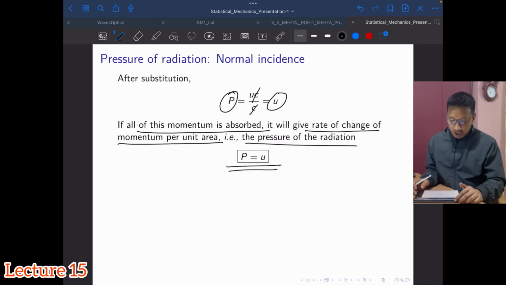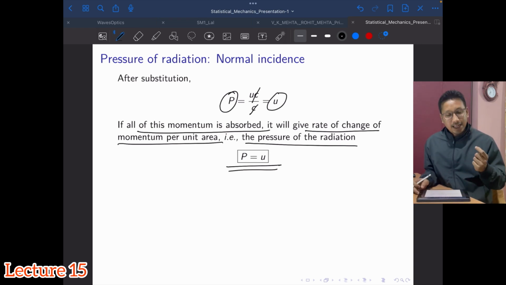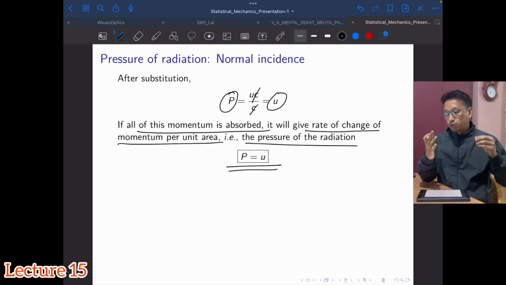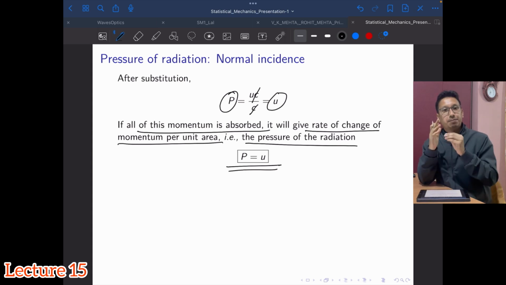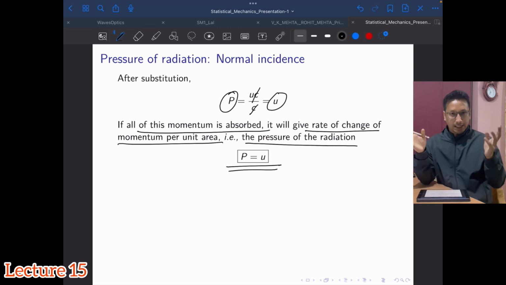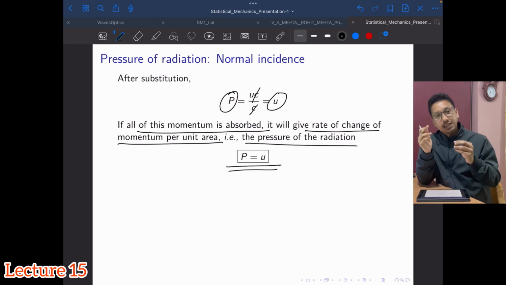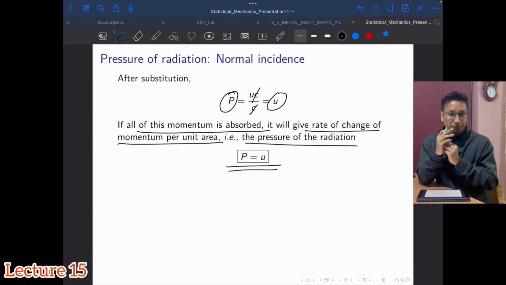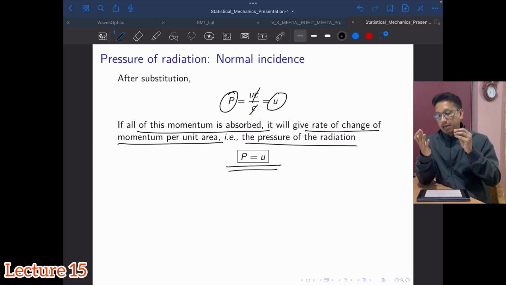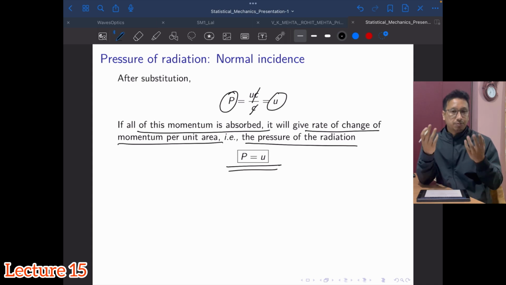So the assumption we have made here is that the photons which are hitting the surface per unit area per second are being absorbed. None of the photons has got scattered or reflected. So assuming that all photons are being absorbed on the surface, there is a change of momentum. Whatever momentum was incident on the surface, everything is absorbed, and that is happening in 1 second.